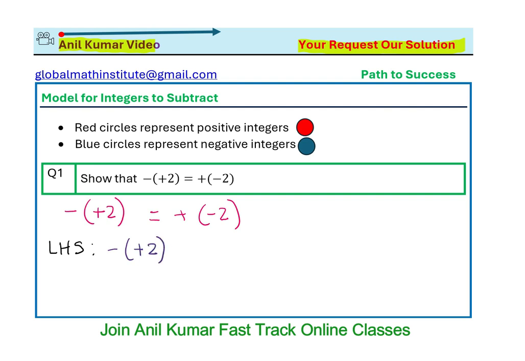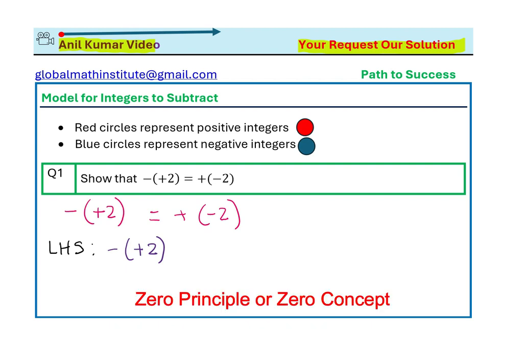Now, one thing you should know is the zero principle. That is to say, what happens when you add a positive and a negative. Since I am not coloring them, I'll write a plus sign for positive and a negative sign for negative. When you add positive and negative, what you get is 0.